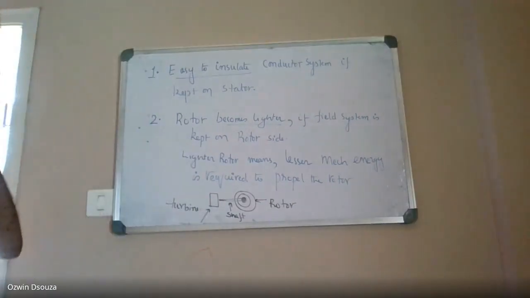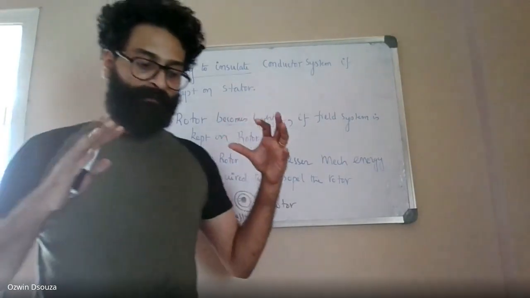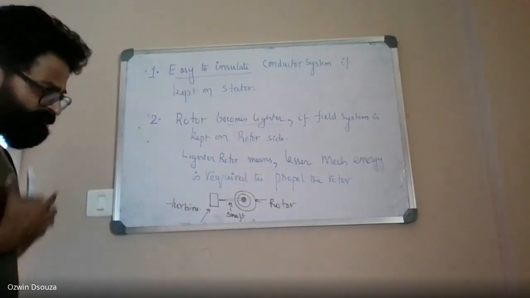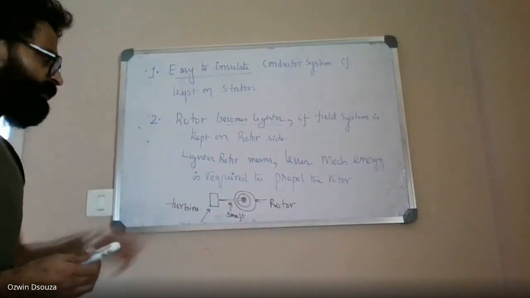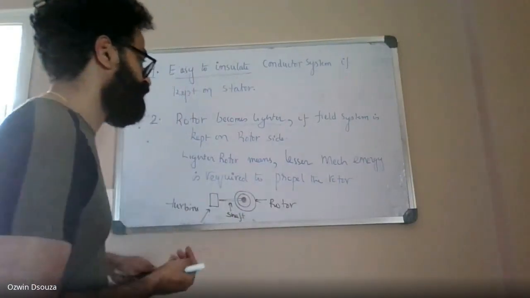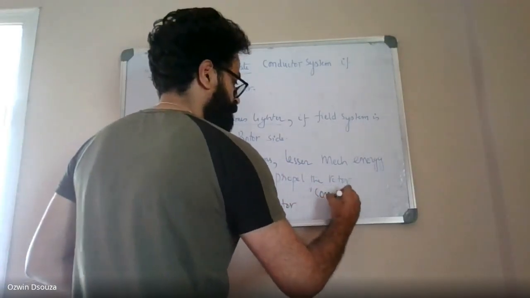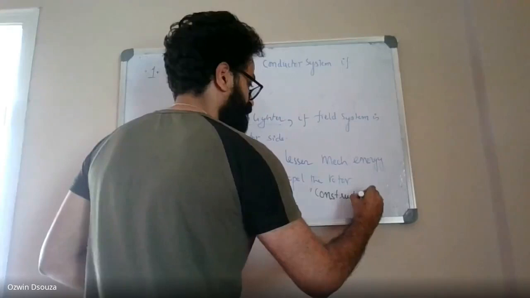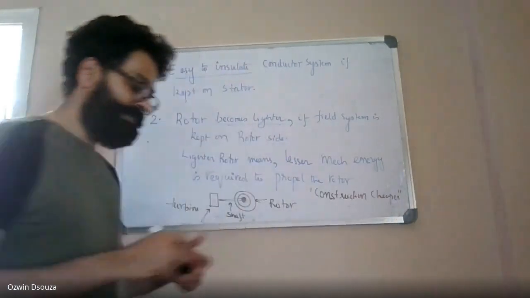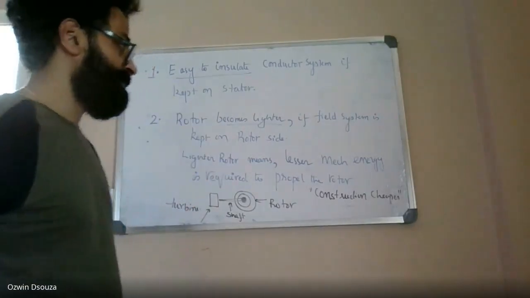So if you make your rotor size as small as possible, you will be able to rotate that particular rotor with a smaller mechanical energy. So that makes your construction cheaper, and even electricity cost becomes very, very less. That is the second advantage.